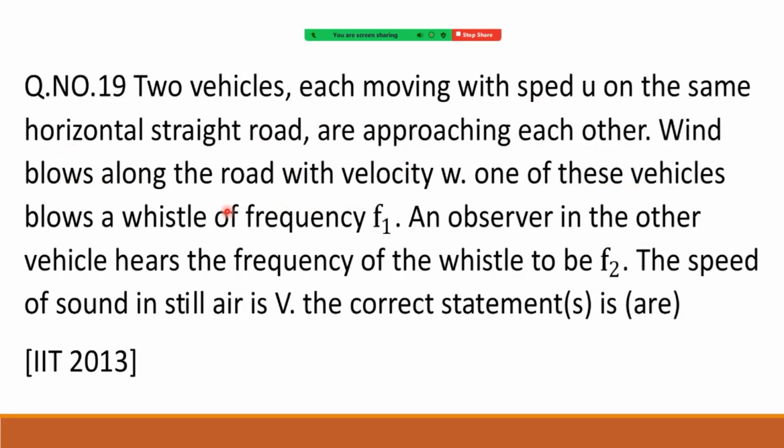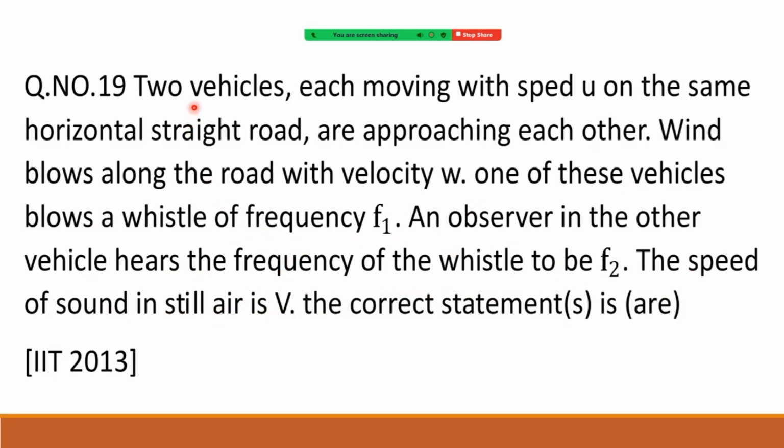One of these vehicles blows a whistle of frequency f1. An observer in the other vehicle hears the frequency of the whistle to be f2. The speed of sound in still air is v. Correct statements are... This is a 2013 Advanced problem.